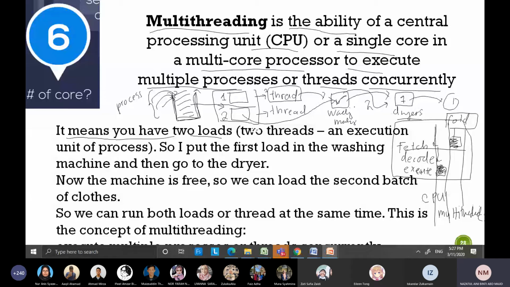You don't have to wait for one load until the dryer finishes before putting in the washing machine, because the washing machine is free, so you can put another task inside the CPU. So you get the concept of multi-threading here.